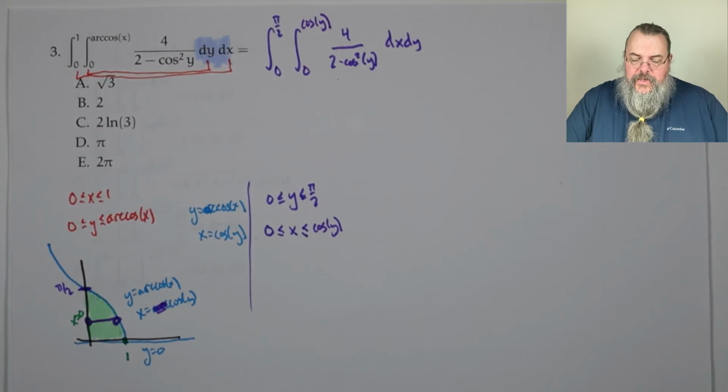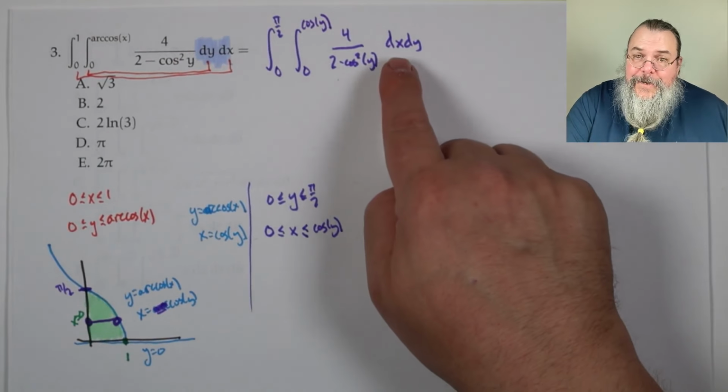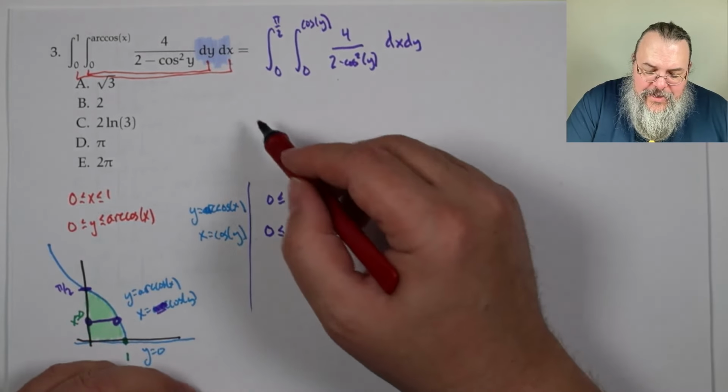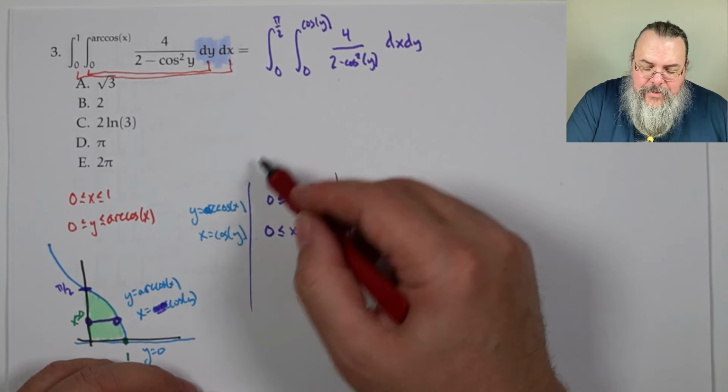Good news, we can definitely integrate this with respect to x, because there are no subtleties here. This is all a constant. So what do we have?